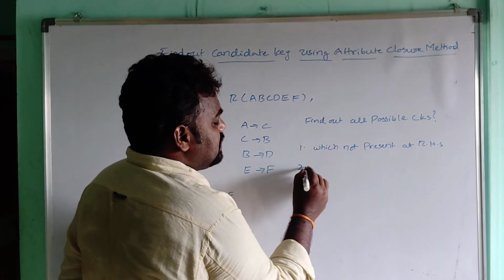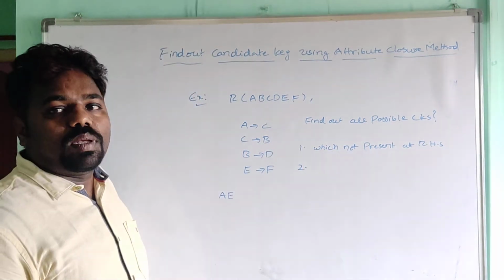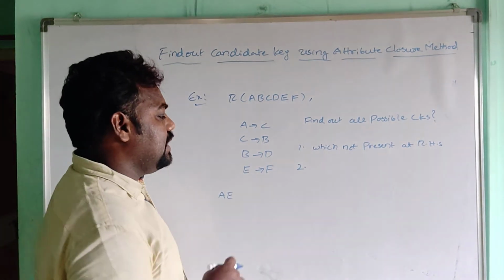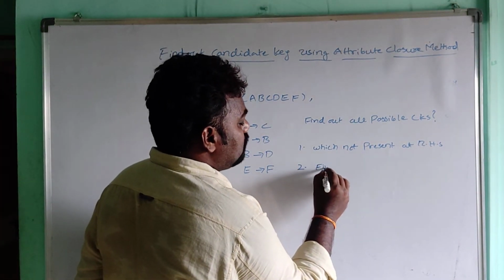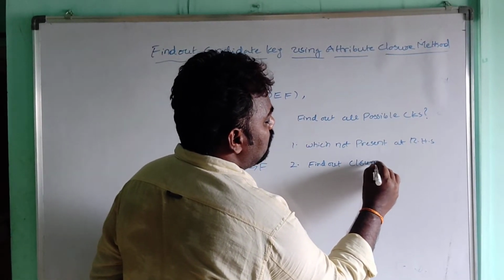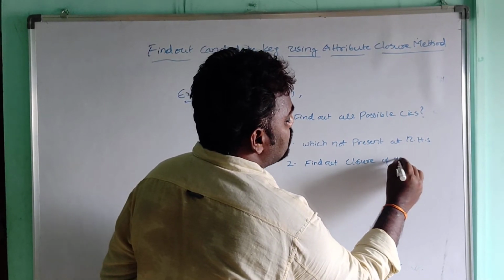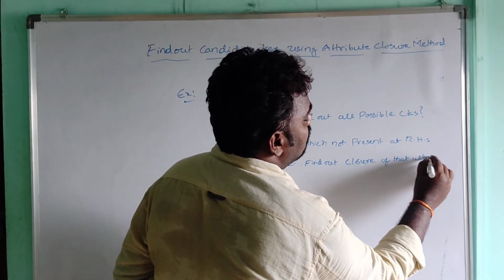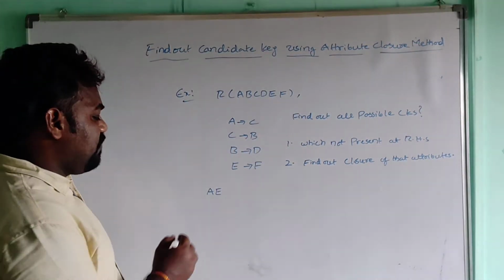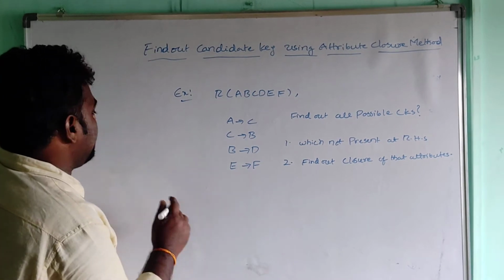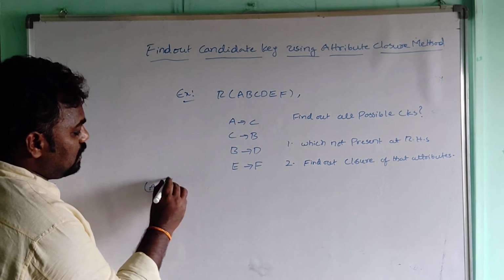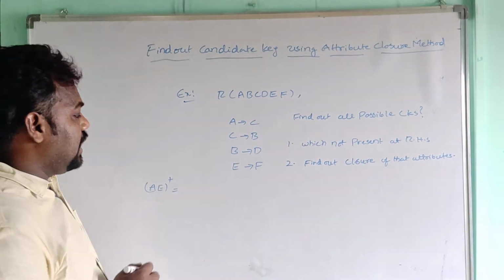Then the second step is, after finding the elements which are not present in the right hand side, we need to find the closure of those attributes. First we are finding the closure of AE plus.